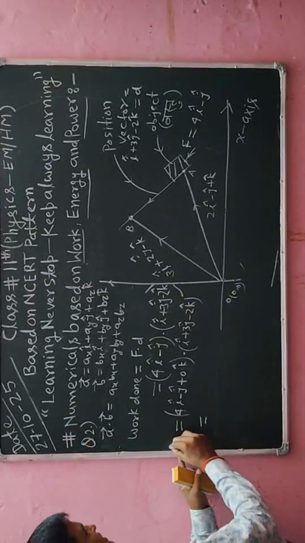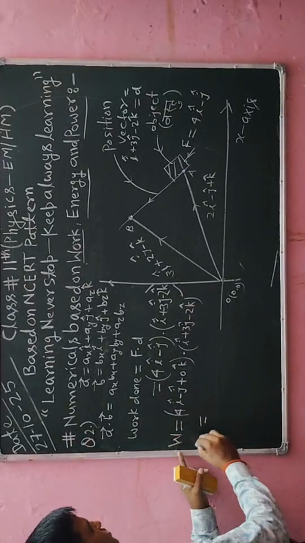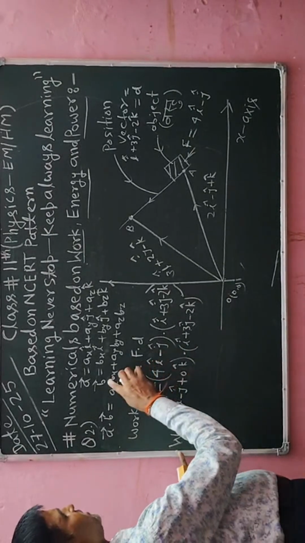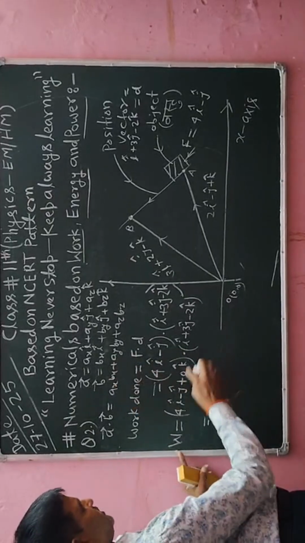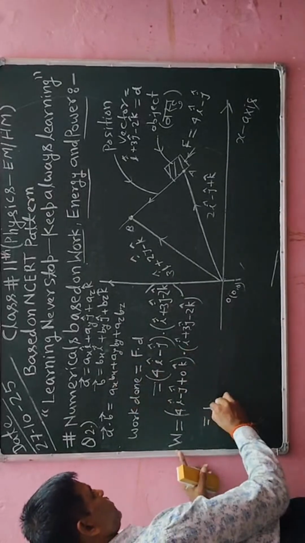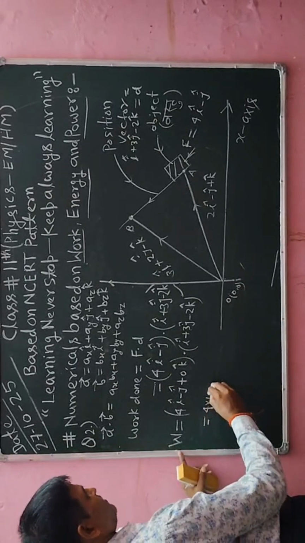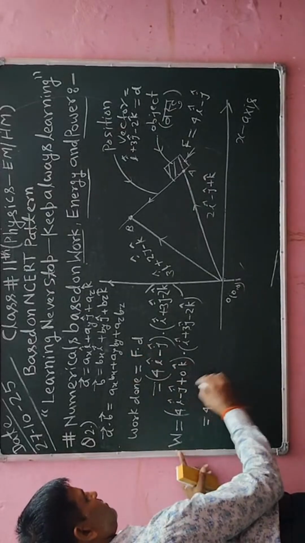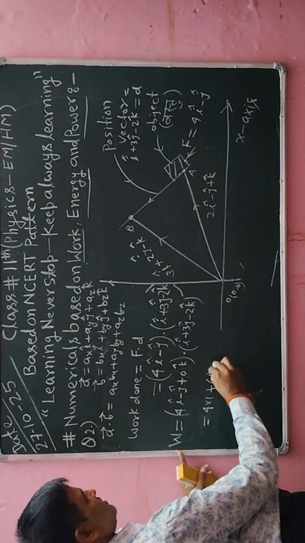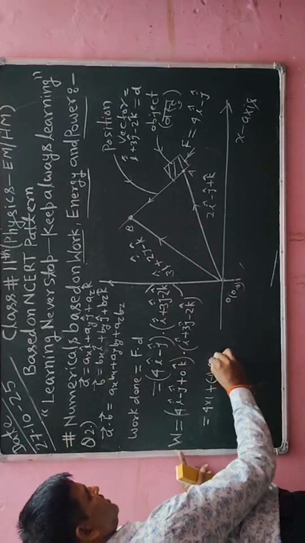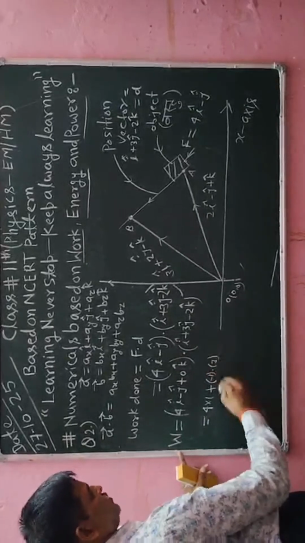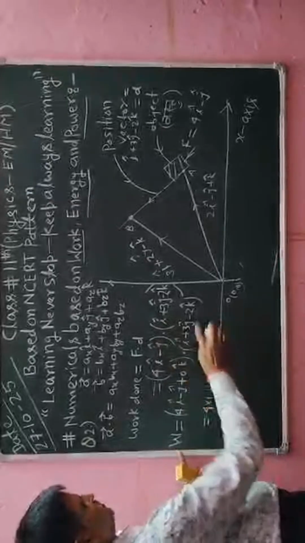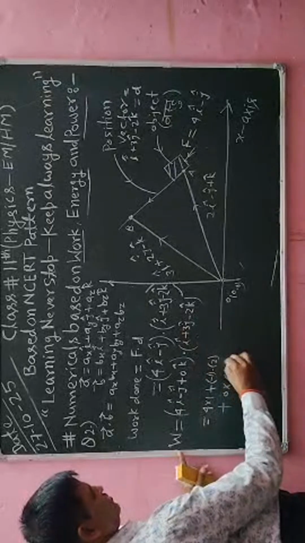Work done can be written in short form as W. In other words, I can write the same ax bx, so here ax bx is 4 into 1. Here plus is available, so I will put plus ay by, that is minus 1 into 3. Then az bz means 0 into minus 2.